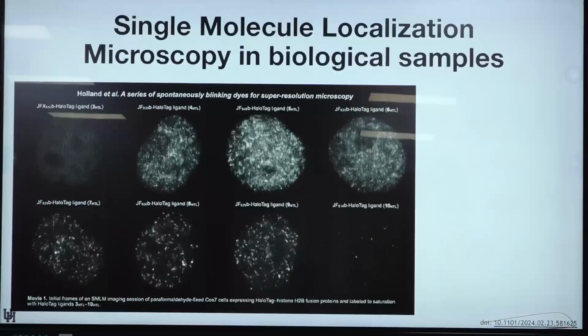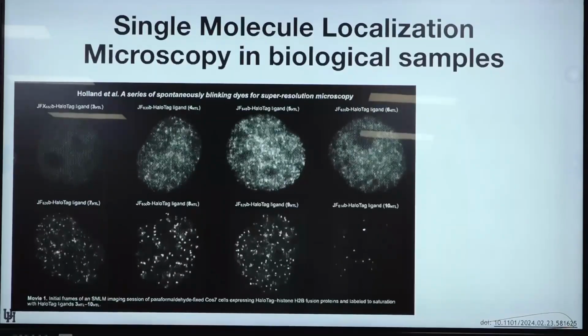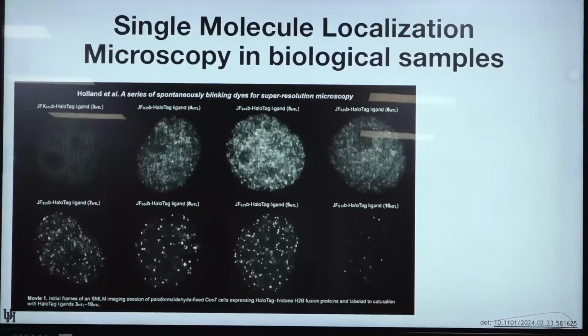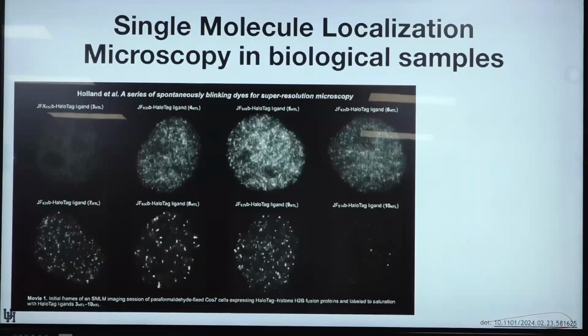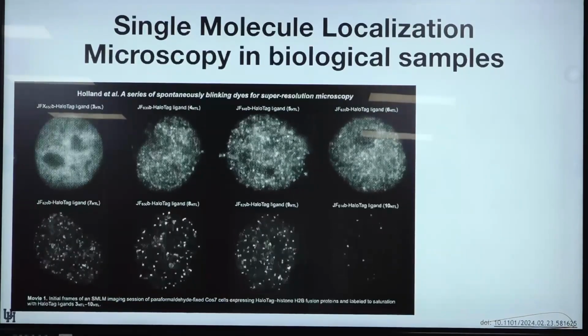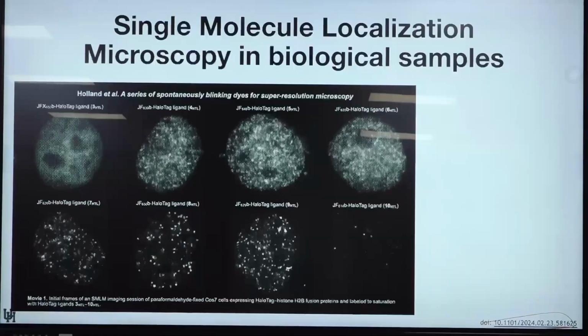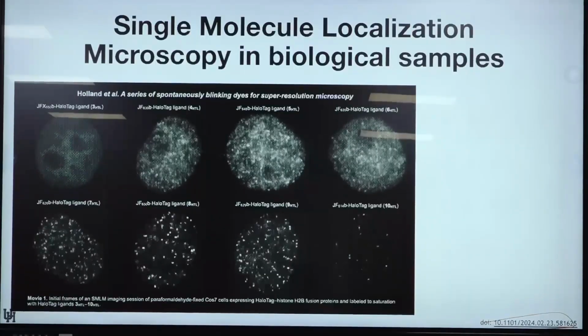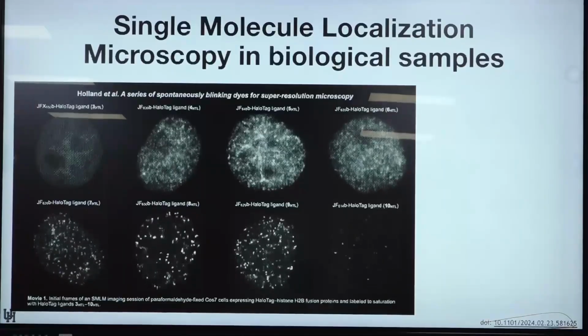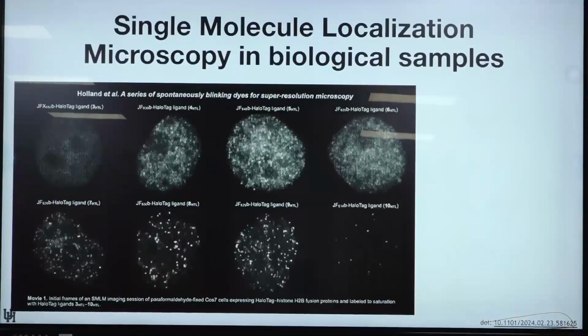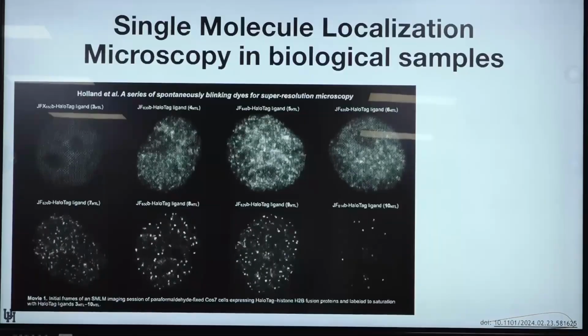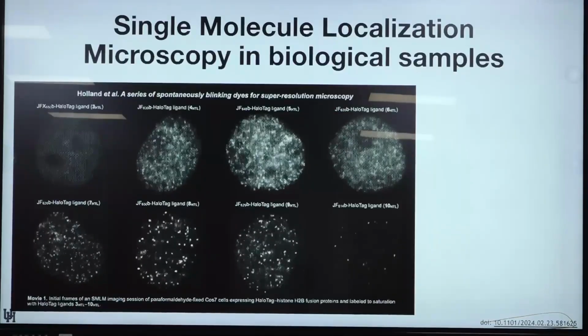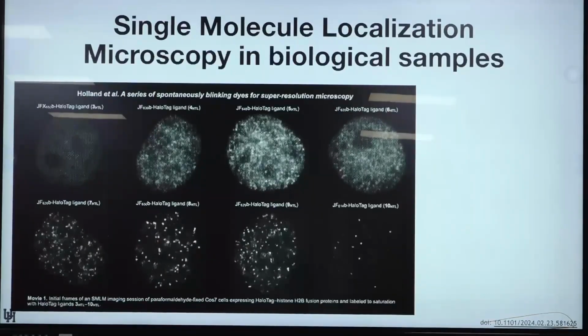Instead of just having a fluorophore, you create molecules which blink, so that at any instant in time only a few of them are blinking, and you find the center of each of these blinking dots. You put them all together, stitch one image after the other, connect the dots, and you get a much more precise image.